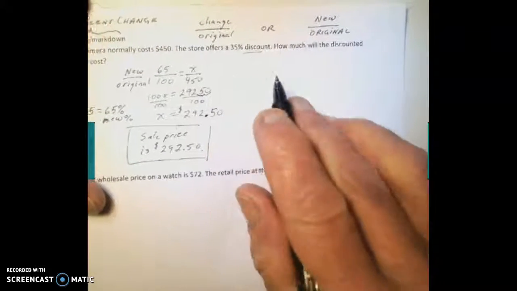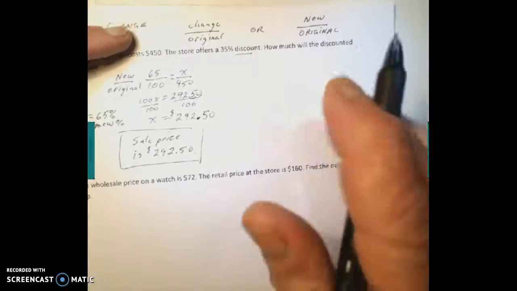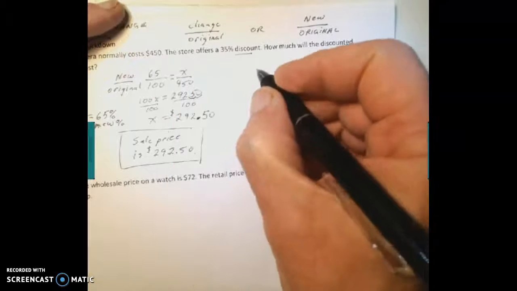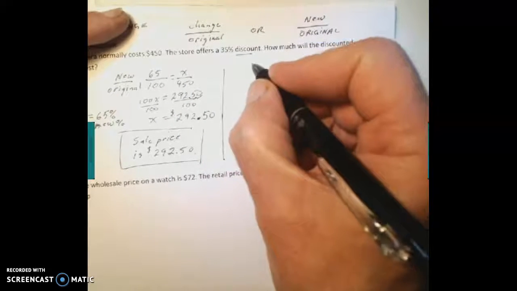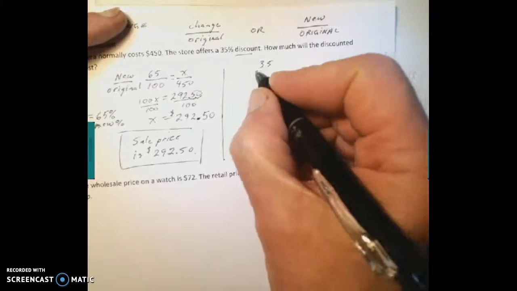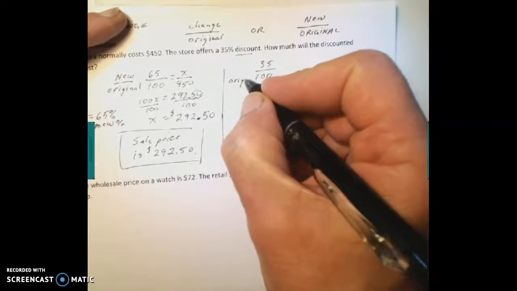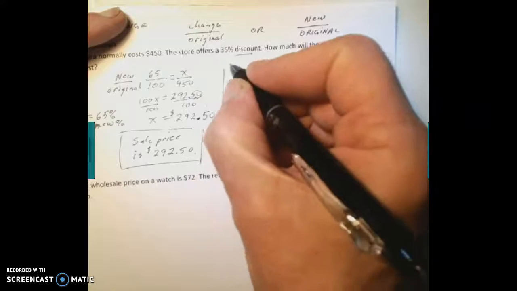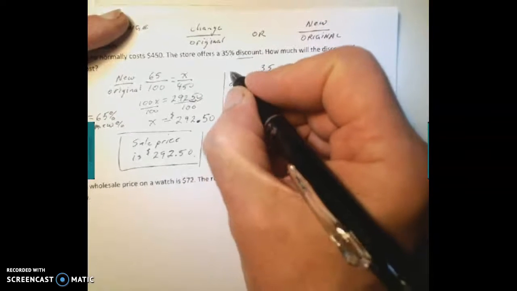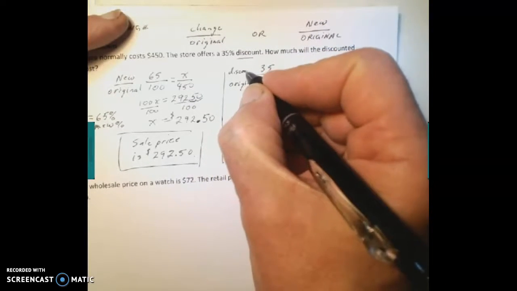Now, doing this as change over original, you can go with this 35%. But understand, this is the original cost. This is how much they are going to change it. This is going to be the discount.